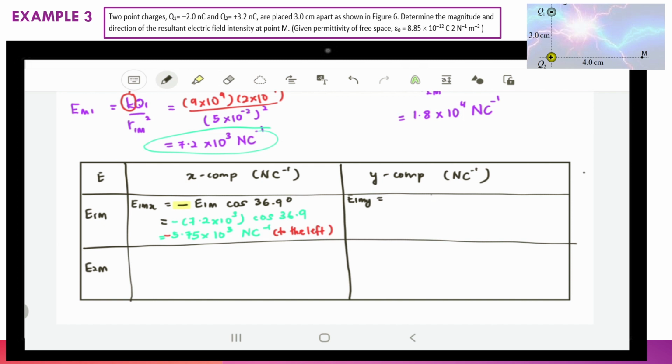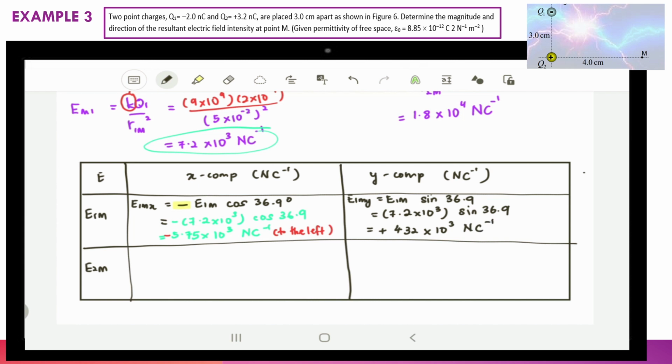So now we have E1my, E1m sine 36.9 degree, where E1m we calculated just now, it's 7.2 exponent 3 sine 36.9. And the direction is upwards, so it's positive. So you can see here, E1my is equal to 4.32 exponent 3 Newton per Coulomb.